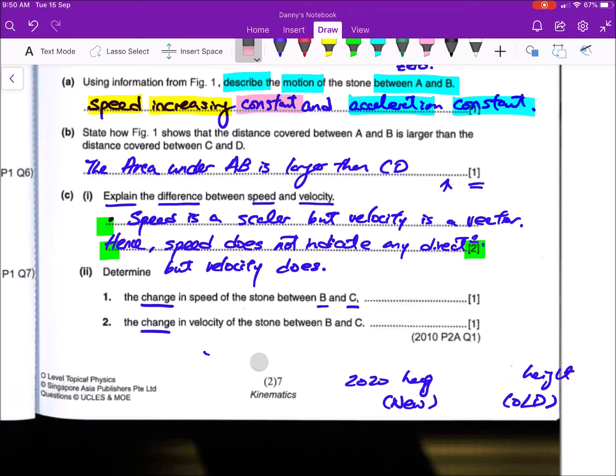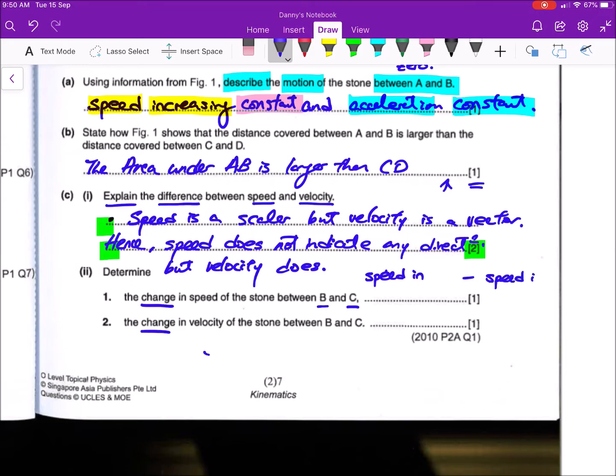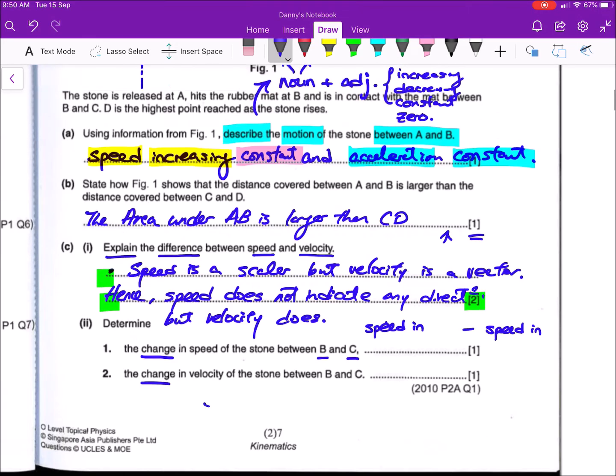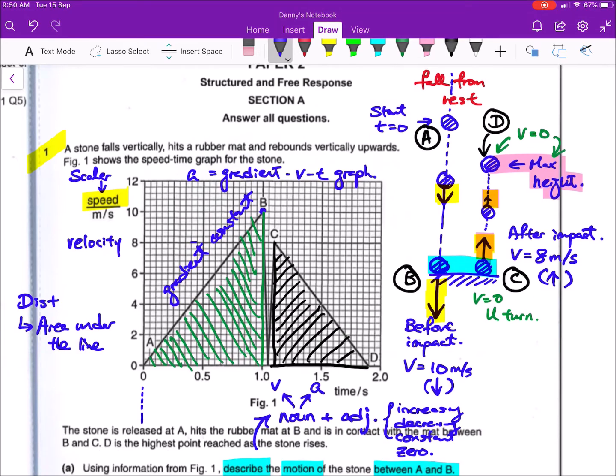So how do you calculate this? Very simple. You just need to take your speed in C or B minus the speed in C or B. Which one is new, which one is old? If you look at the graph, C happens after B. So C is new and B is old.